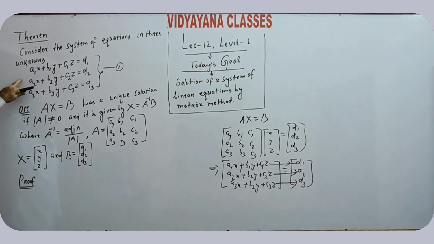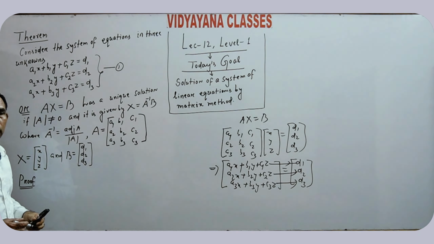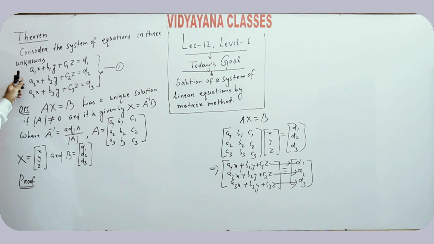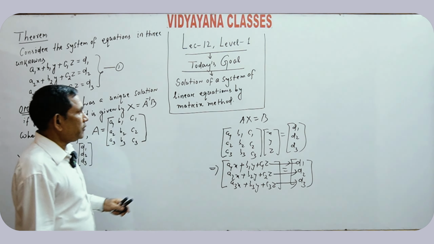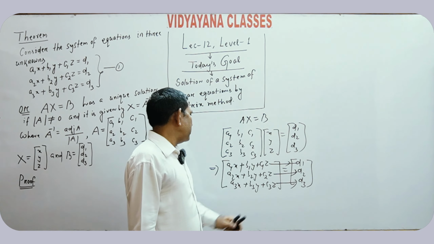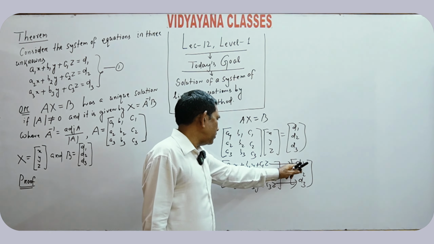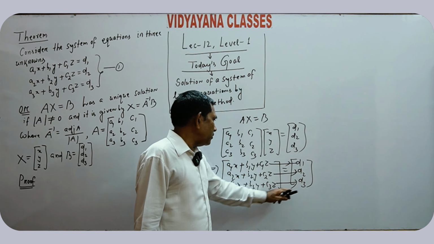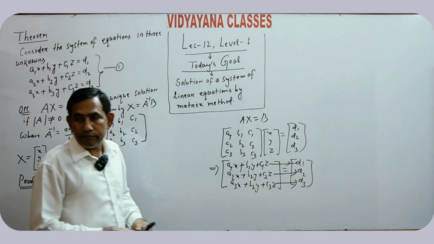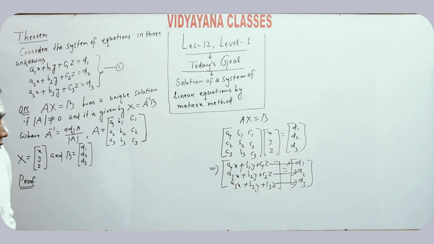So the system of equations can be written as AX is equal to B. Clear? This system is same as AX is equal to B, that implies this equation is equal to d1, this equation is equal to d2, this is same as d3. Clear? Okay.